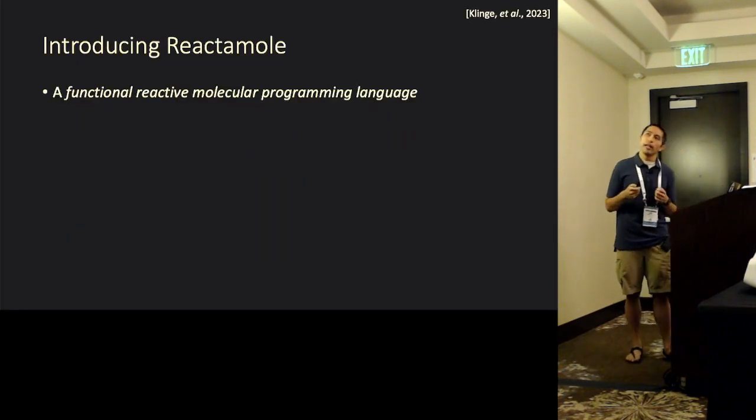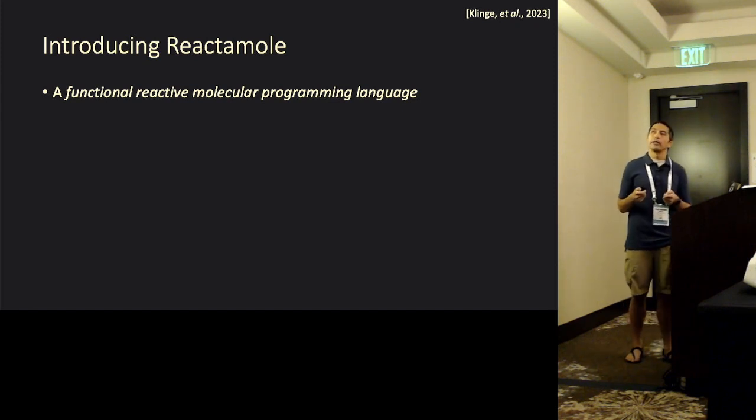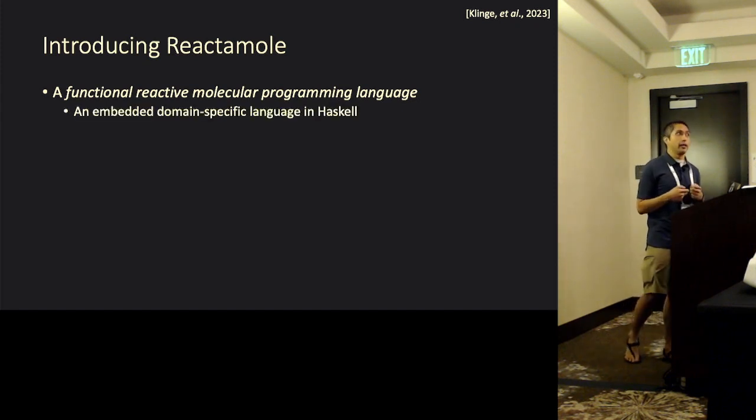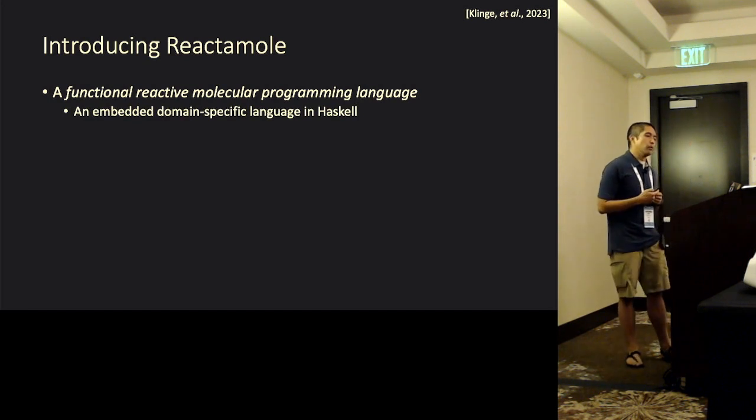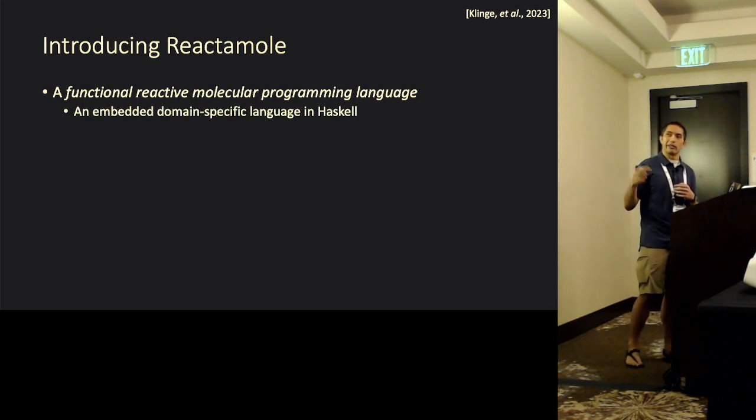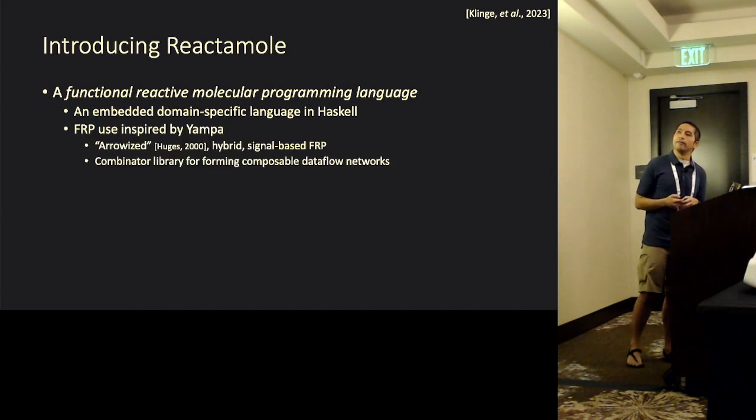Reactimal is a functional reactive molecular programming language written as an embedded domain-specific language in Haskell, although we'll be moving away from that in the near future for reasons I'll get at the end of the talk.